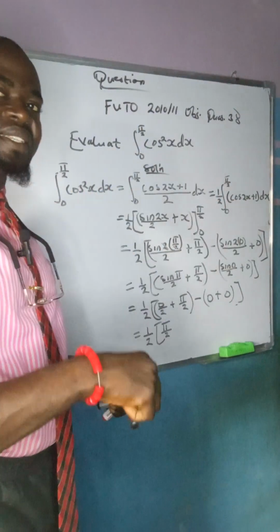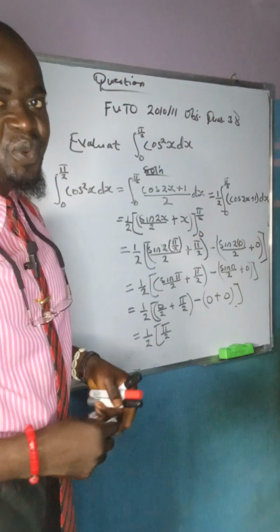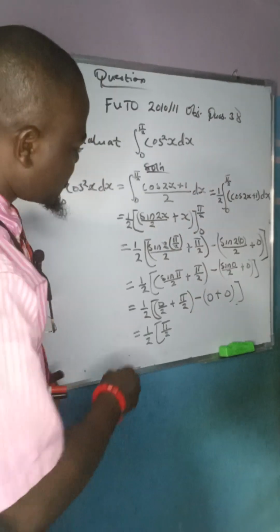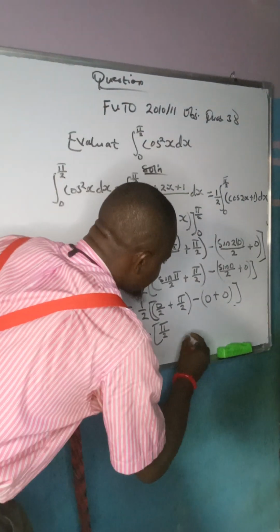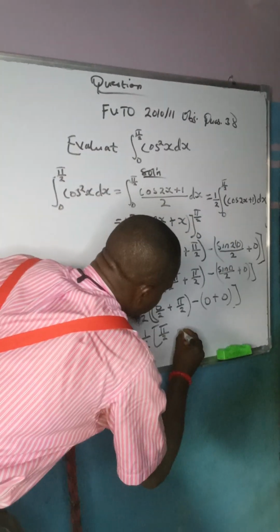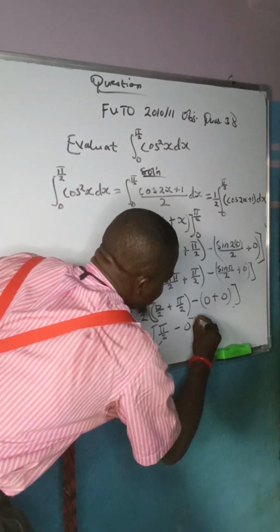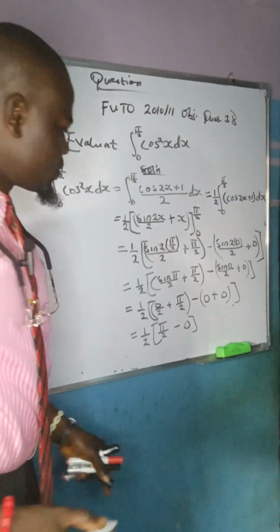So when you are adding 0 to any number, is that the same number? 0 plus u is u. Do you understand? So 0 plus pi over 2 is pi over 2. Then 0 plus 0 is 0. So what I'll now have is minus 0. Now, pi over 2 minus 0 is pi over 2.